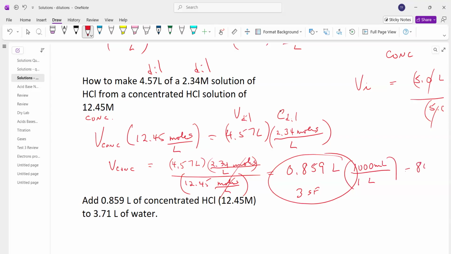So that's 859 milliliters. Right? So the directions.